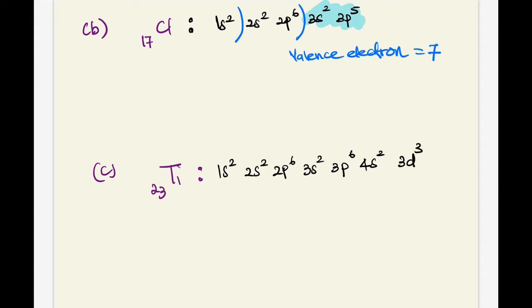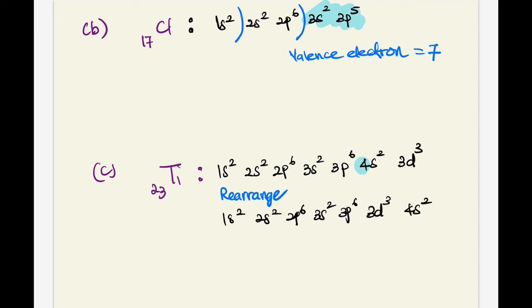So this is a special case because when you write the electronic configuration and it has reached energy level 4, there is one extra step you have to do, which is you need to rearrange the electronic configuration. So when you rearrange, you get 1s2, 2s2, 2p6, 3s2, 3p6, 3d3, 4s2. After you rearrange, only then do we draw the border.